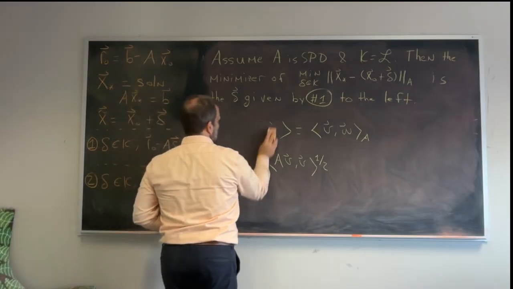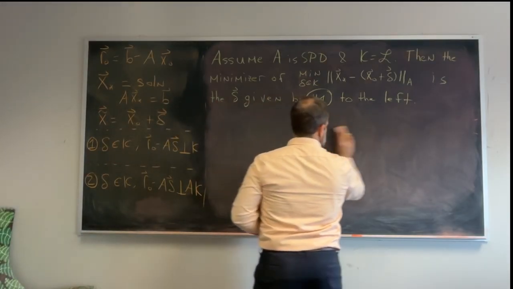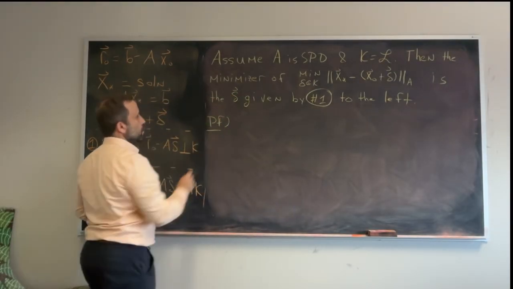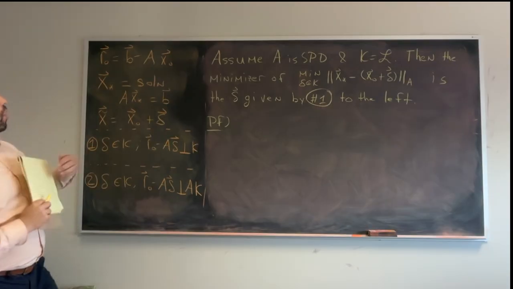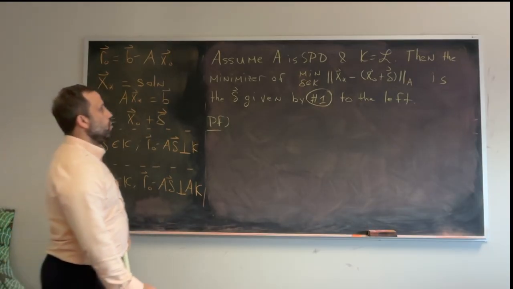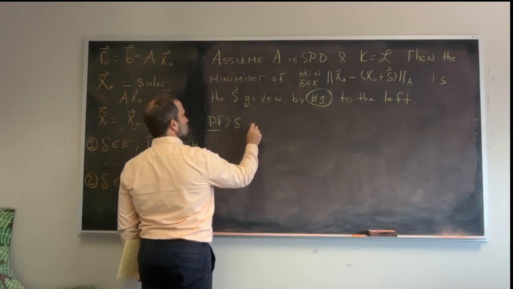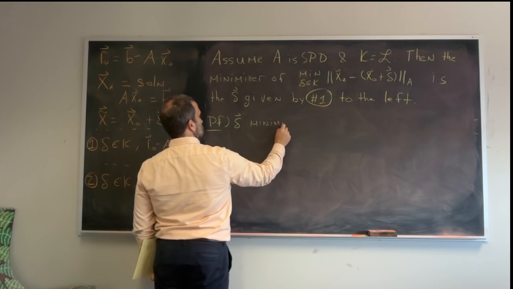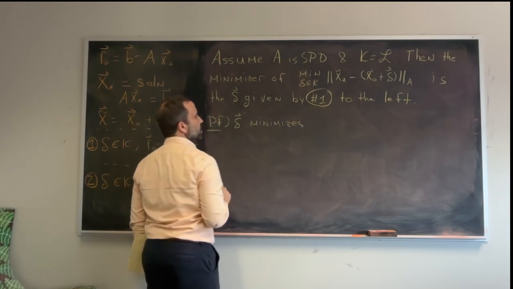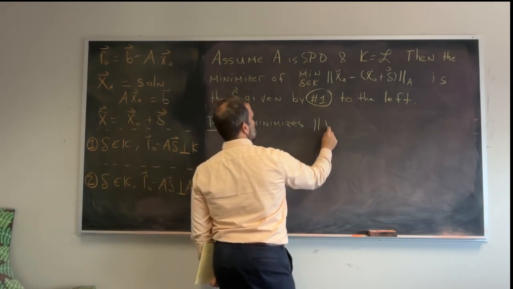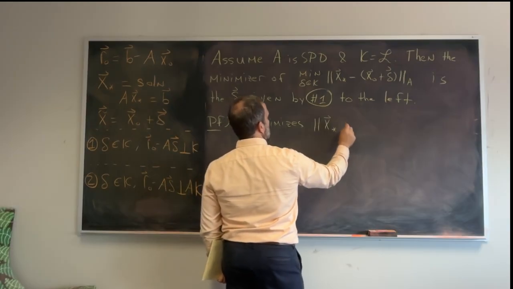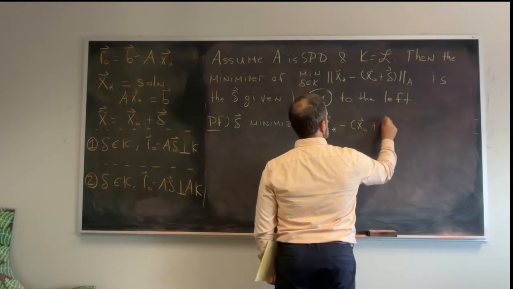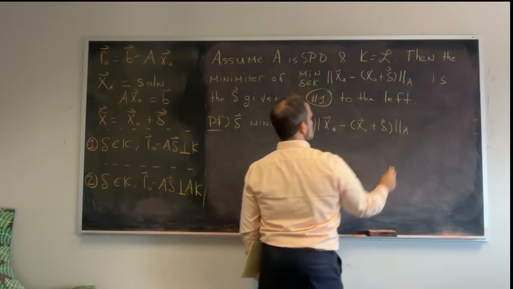Now I want to prove why this is true. Proof. Delta minimizes x star minus (x naught plus delta) in the A norm.